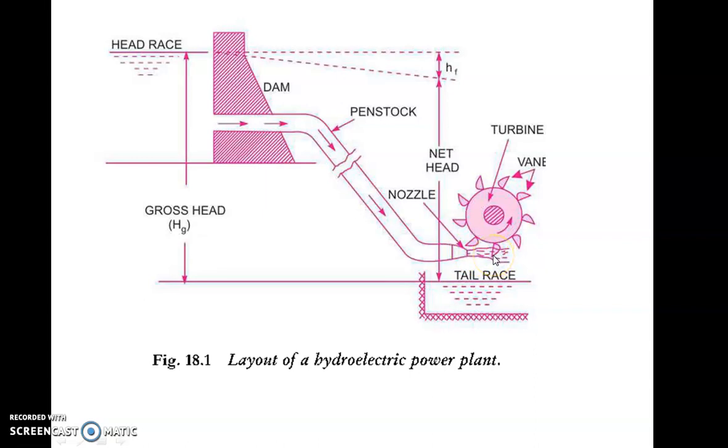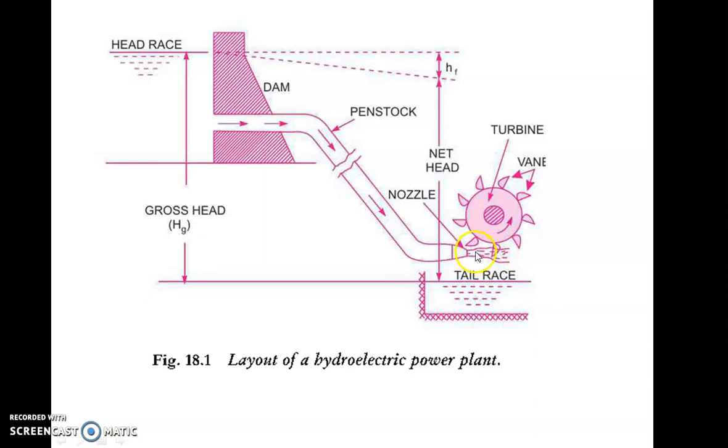So this is the input power. There are three powers like this. First one is the input power, then the second one is the runner power. Runner power is the power, the work done on the bucket, and that runner power is calculated by the impact of jet formula, force into velocity, that we know.